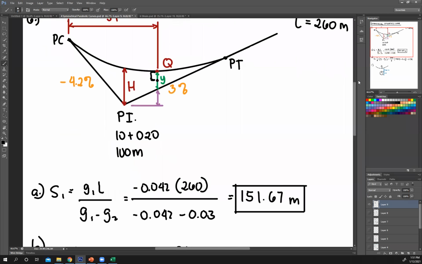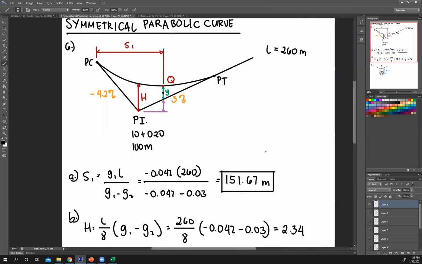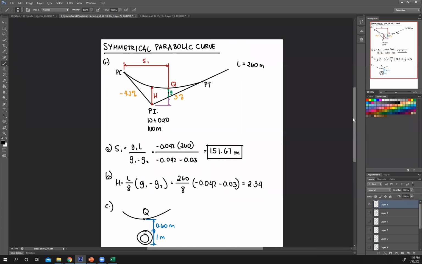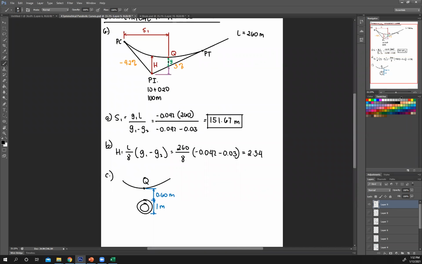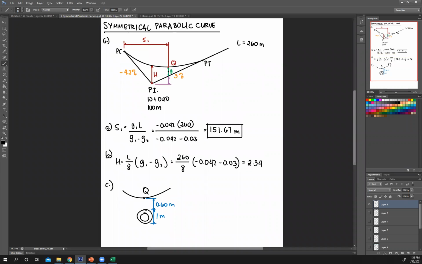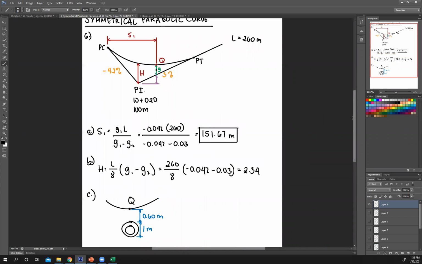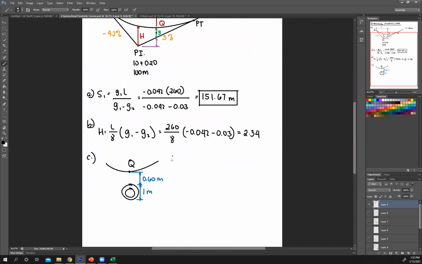So, ganun lang. Putting that into an equation, let's say C for culvert. Elevation of culvert equals, again, elevation at PI, so that's 100. Isulat natin.